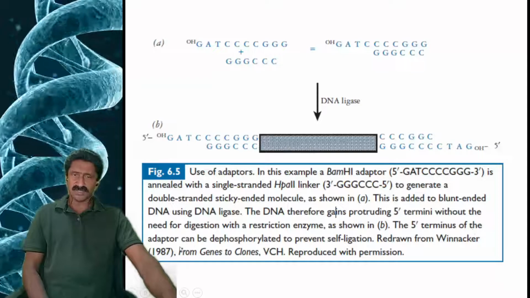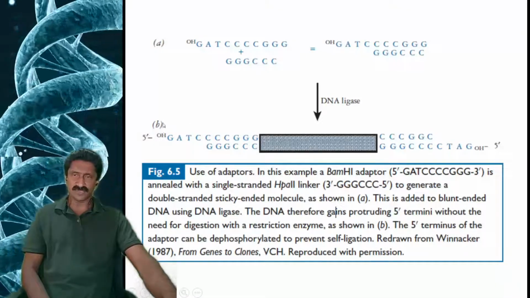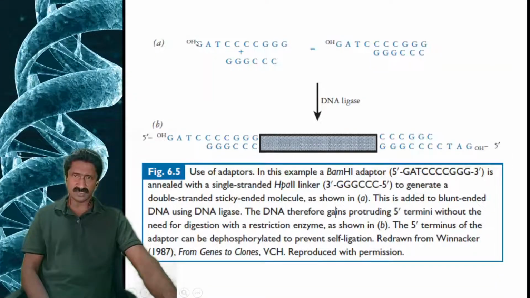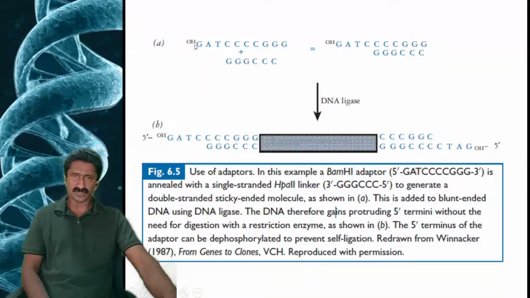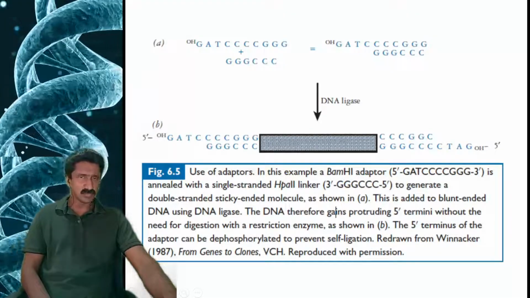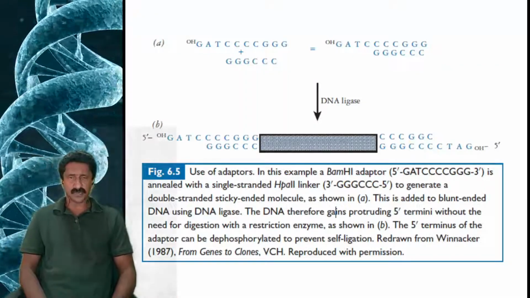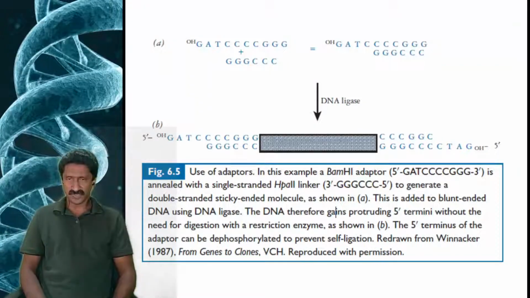The 5' termini of the adapter can be dephosphorylated to prevent self-ligation. Here you can see that there is no phosphate group, it's an OH, because the phosphate at the 5' end is removed by dephosphorylation. Yesterday we discussed dephosphorylation in the modification of the cut ends.